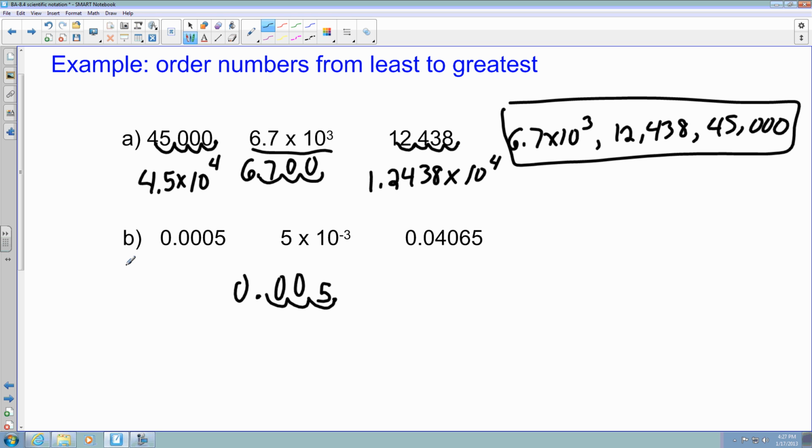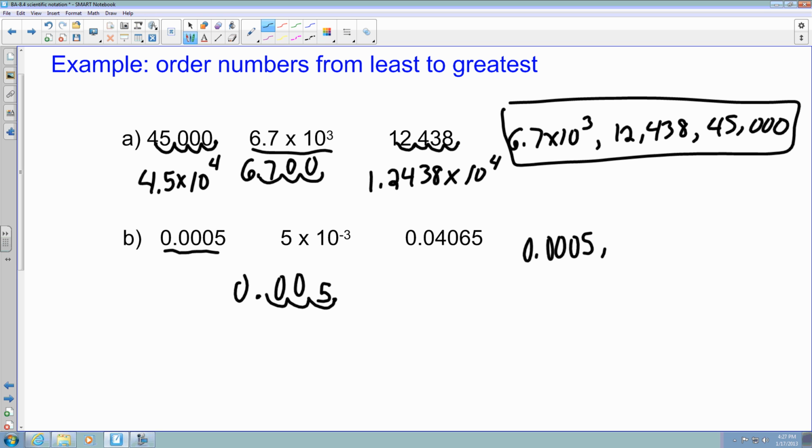And the least greatest one would happen to be this first one because it has the most zeros in front of the first value. It has 3 zeros ahead of it before I get the 5. So that means that my least greatest one in these examples would be 0.0005.